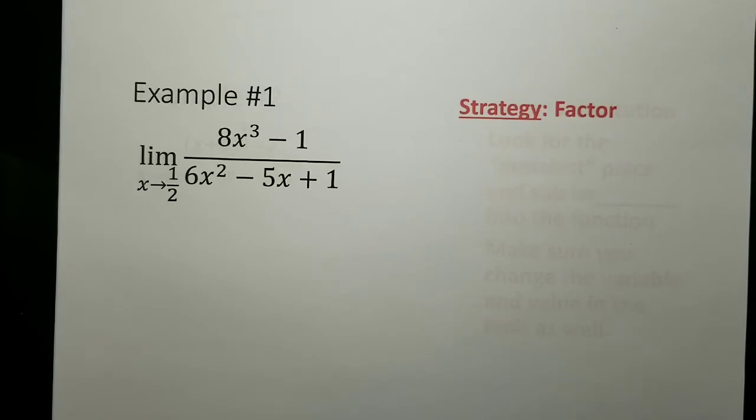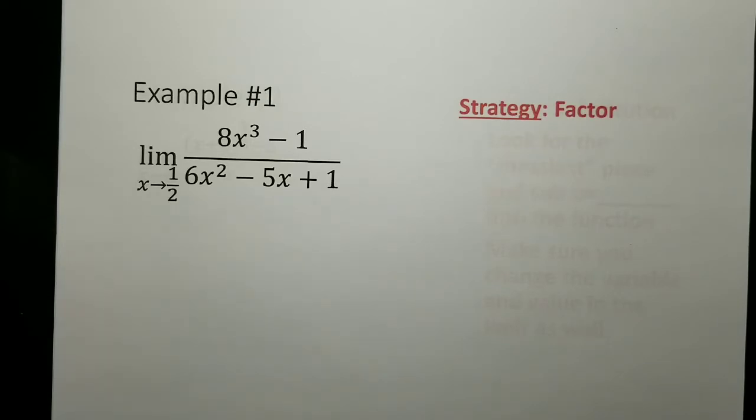So the first strategy, if we're looking at this first example, is one that we did look at in the previous lesson, and it's kind of like the only strategy we looked at in the previous lesson, and that was factoring. So here we have a rational function, and I like to double check.